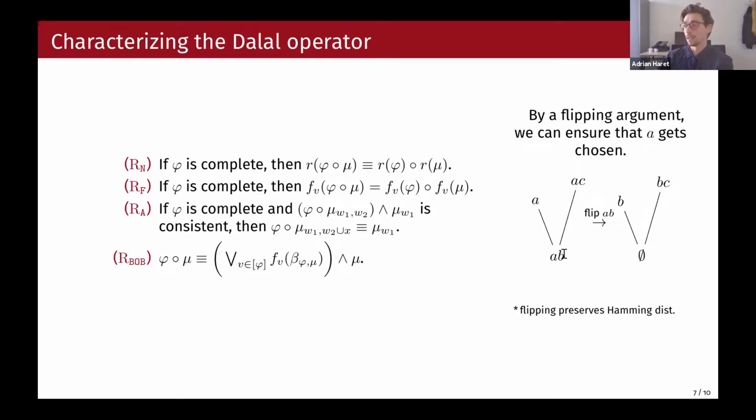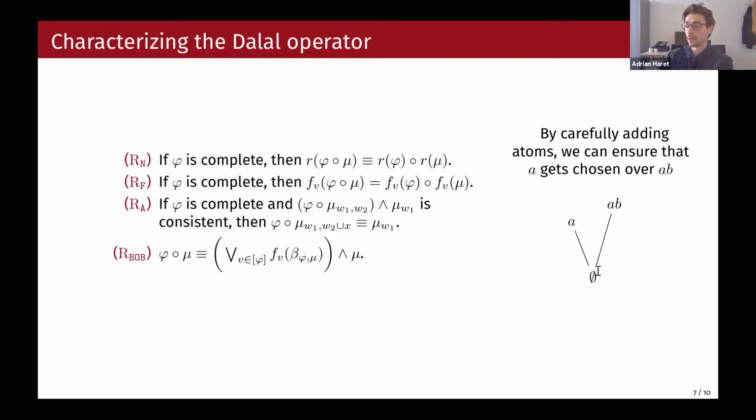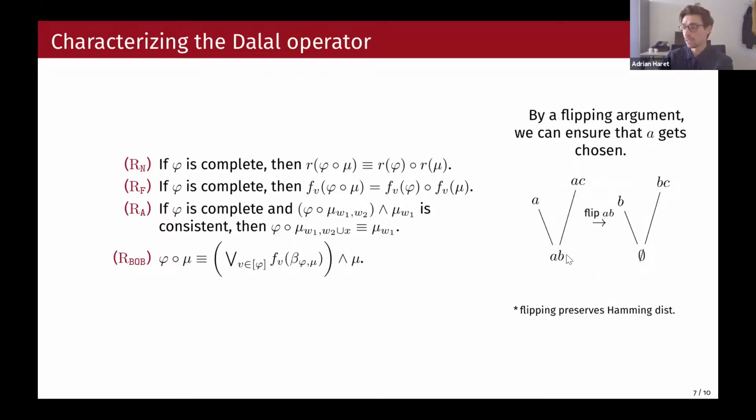Then, right? So far we had arguments that used the empty set as a starting point. Then you can show that if you have any one interpretation as a starting point, as your prior belief, you can use flipping to simulate this Dalal distance thing.